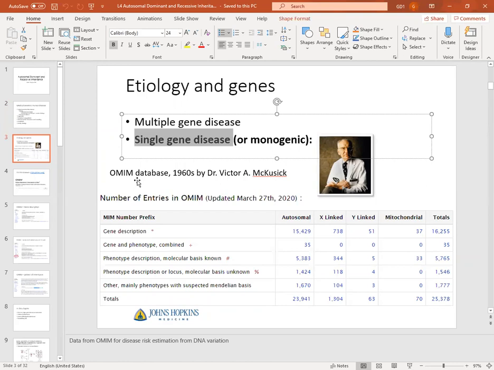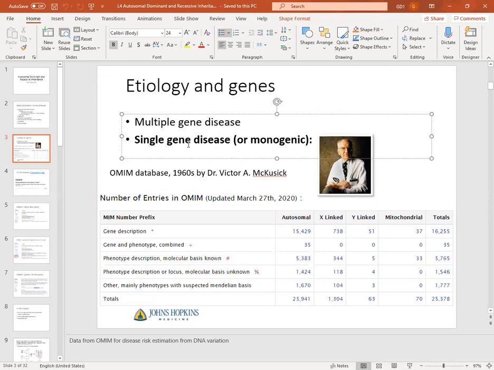I mentioned only genetic disease, not disease caused by the environment. There are also multiple gene diseases, which we will discuss in the next chapter, maybe next week, or I can submit a video. Mainly this chapter focuses on single gene disease, which we call monogenic disease: disease caused by a single gene only, not by several genes.